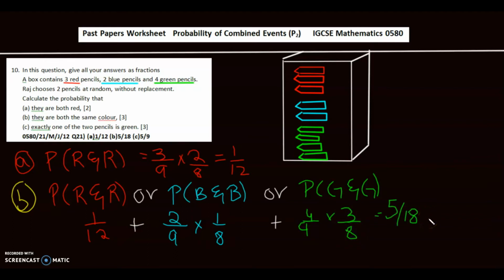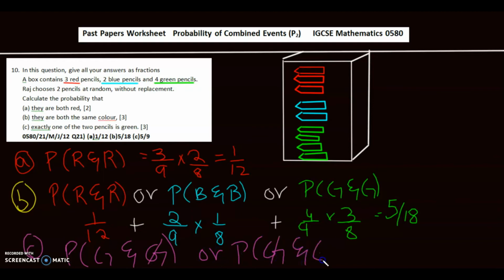Okay, then part C says that find the probability that exactly one of the 2 pencils is green. That means we're finding the probability that, let's say, the first pencil is green and the other one is not green. So I'll put a slash on it. Or maybe the first one is not green and the other one is green. So instead of finding these 2 probabilities twice, what I can do is find one of these probabilities and multiply it with 2.